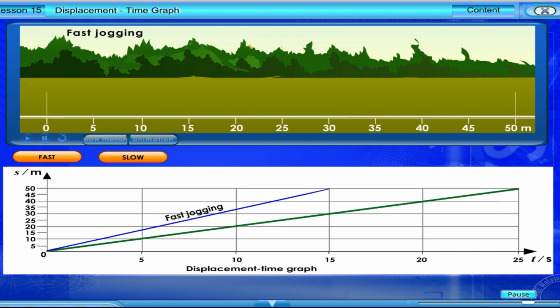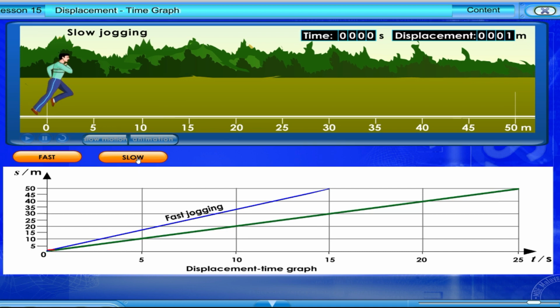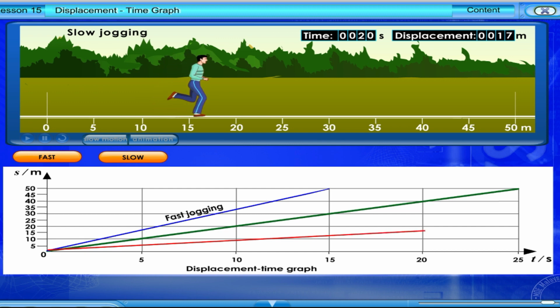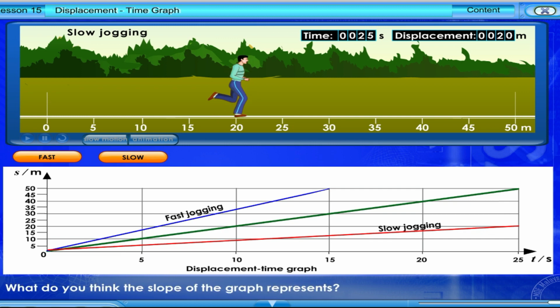Click on the Slope button to see the graph of the man when he jogs slower. What do you think the slope of the graph represents?